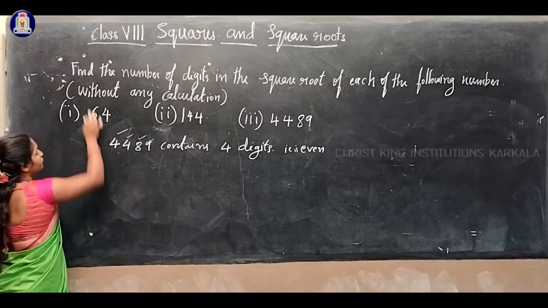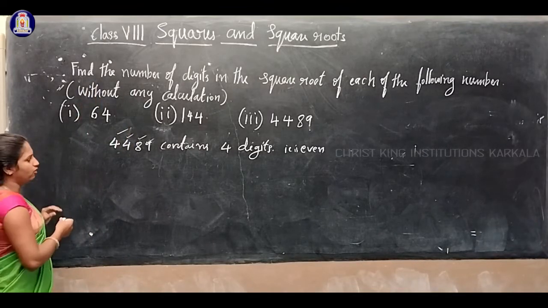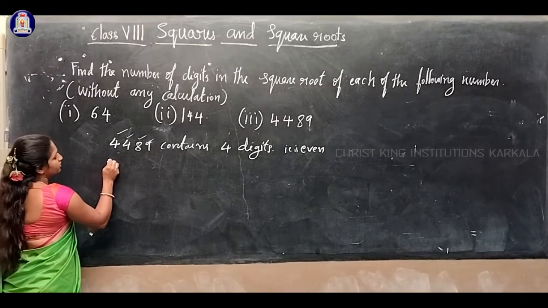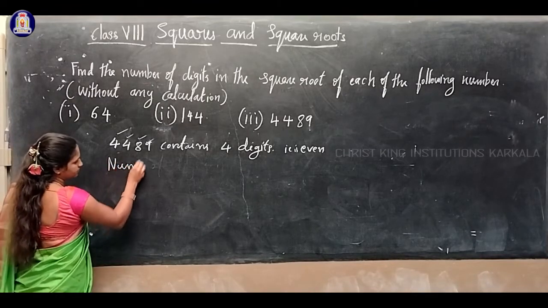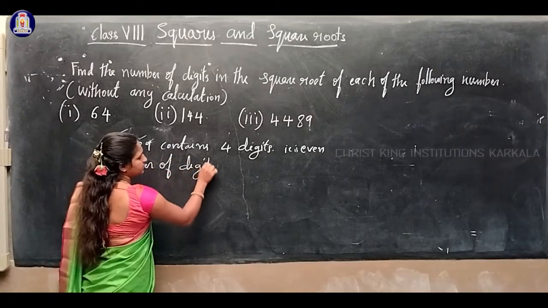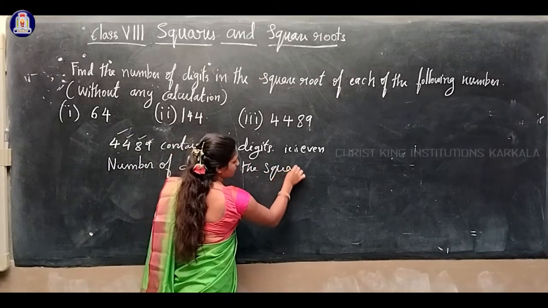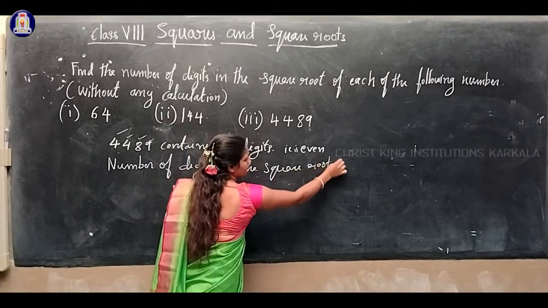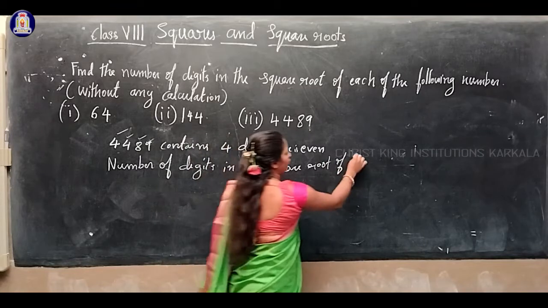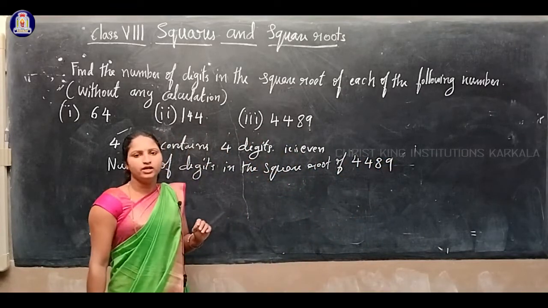Now what we have to find is the number of digits in the square root of the number 4489.